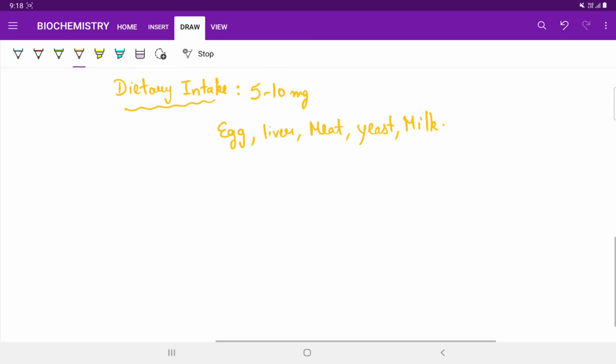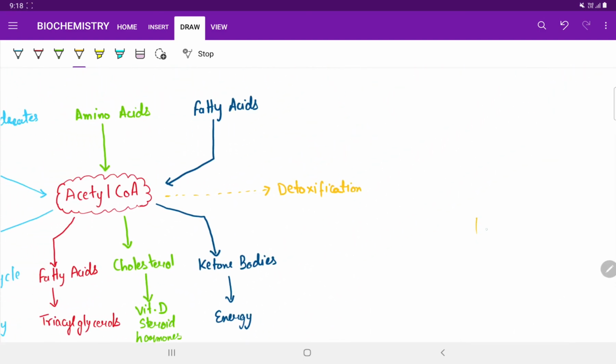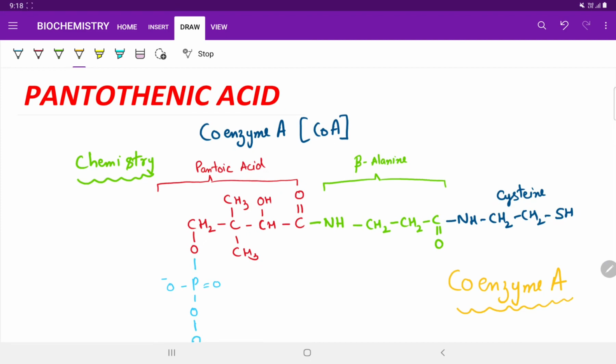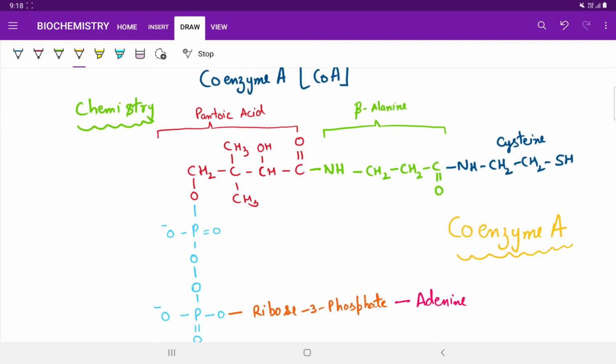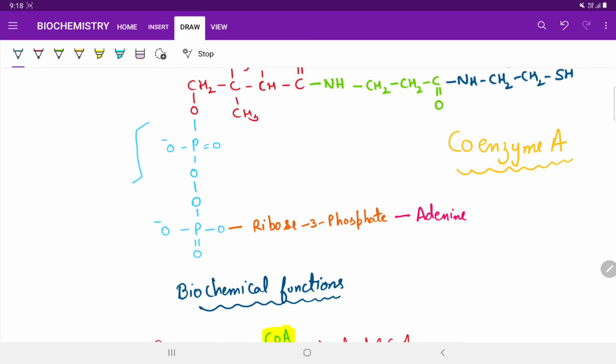So students, I hope now that pantothenic acid is clear to you all. It's coenzyme A. The chemistry, you can see, it is formed by the combination of pantoic acid and beta alanine. Then the pyrophosphate is attached here, which is further attached to ribose 3-phosphate and adenine.